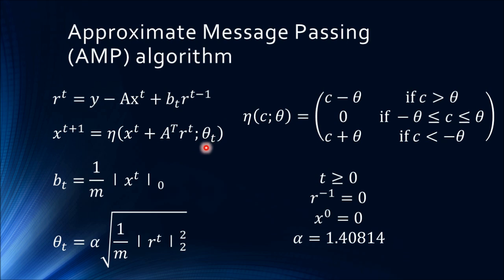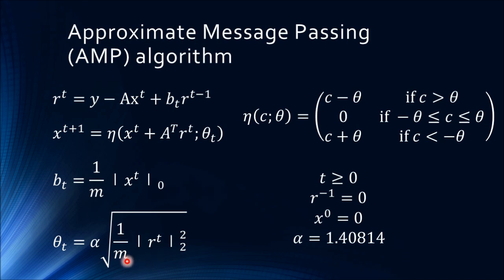But it turns out, this b that's referenced up here in the r, okay, that's doable. M is a known equation. That's one of the sizes of the arrays. This is the L0 norm of our current guess, x, which makes sense because we're trying to get a smaller and smaller guess, simpler and simpler guess. The theta t parameter has the square root of the L2 norm of the residual, easy to get, CUDA.